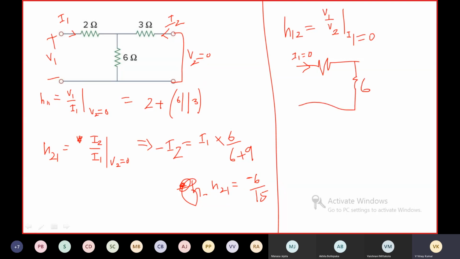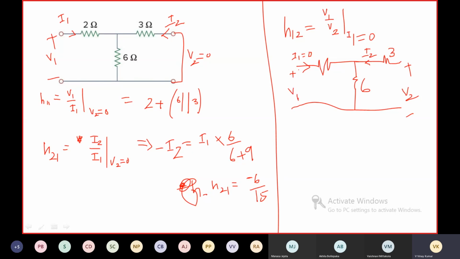This is 6 ohms and this is 3 ohms. The voltage between these two is V2, the current going here is I2, and the voltage between these two is V1.